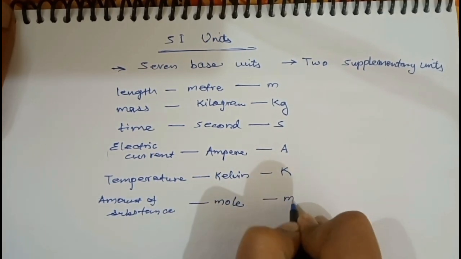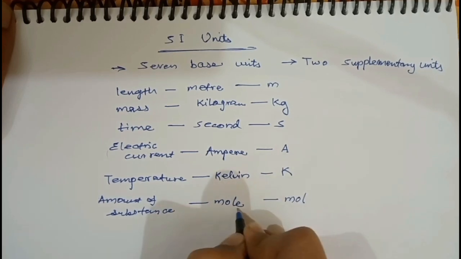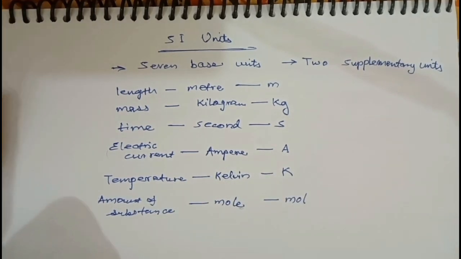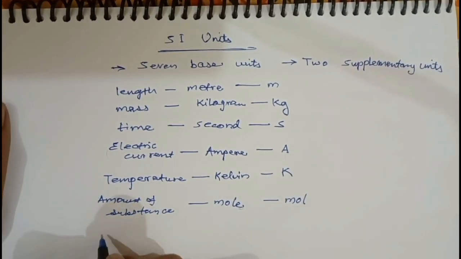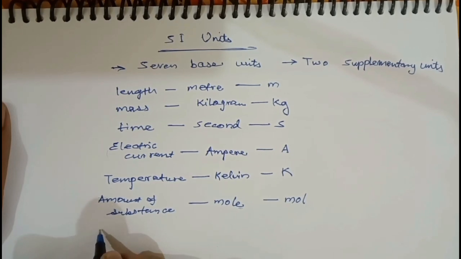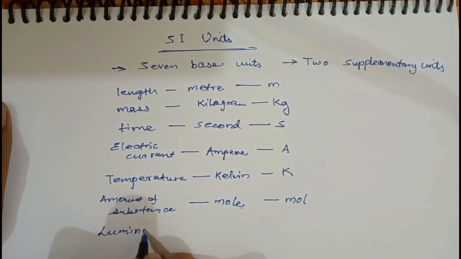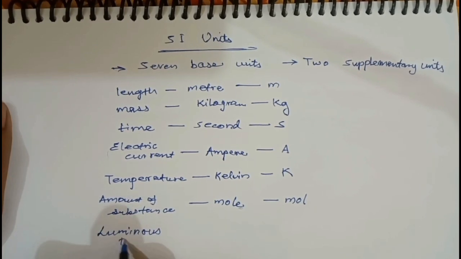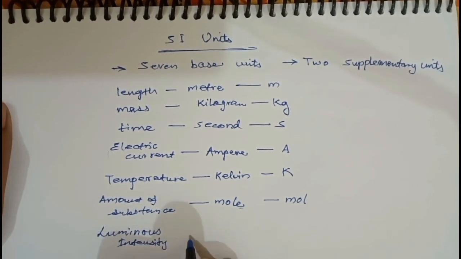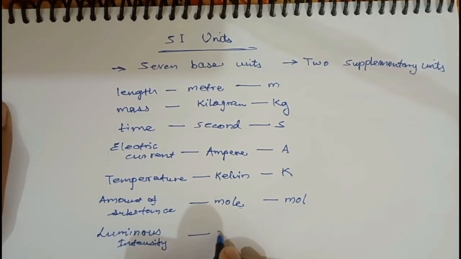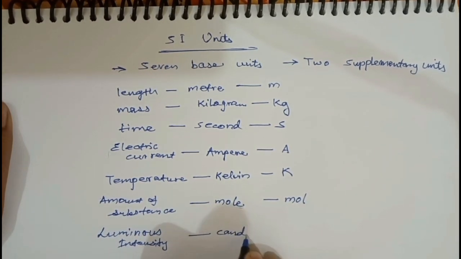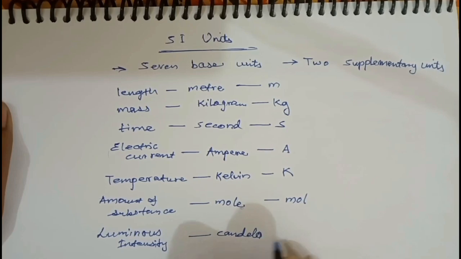Its abbreviation is simply mol. And the last one is luminous intensity. Unit is candela, abbreviated as cd.